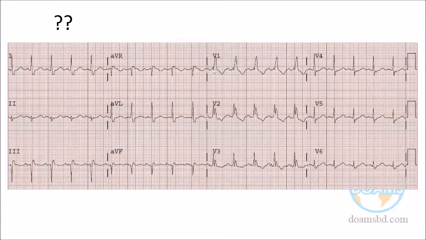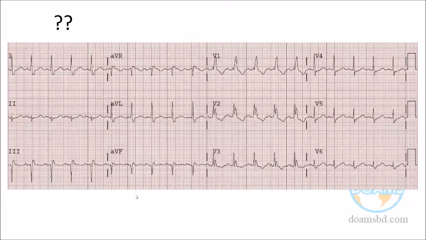If we are confused by V1, we can come to V2. If you are confused by V6, come to V5. These are nearer leads. So if you start from V1, what are you looking at? Is there any fractionation in V1 or V2?